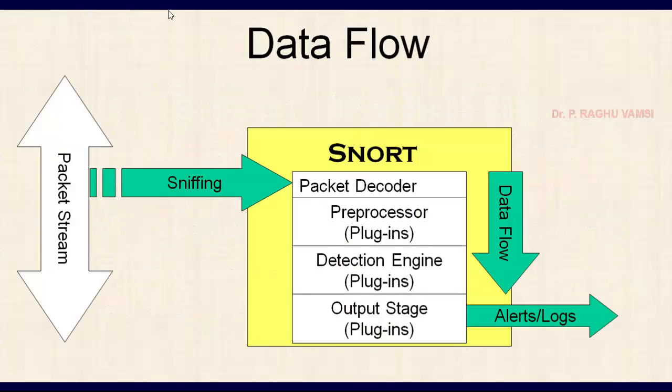So the Snort architecture will be like this: packet stream. This is a network interface. It will sniff it. Then the packet decoder. In the packet decoder, it will check for the preamble, then the starting bits, then the content, headers, checksum, CRC, whatever it may be, which is available in the packet will be verified. Then it will go to the preprocessor engine. The preprocessor engine will preprocess the packet. That means it will convert it into binary form or hexadecimal form, whatever form you request. Then the detection engine.